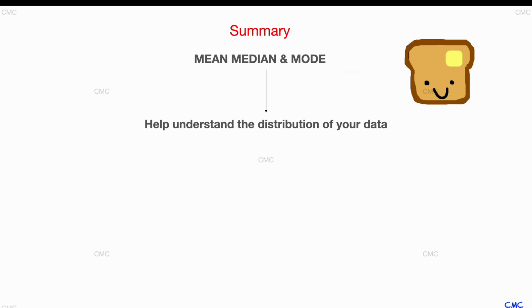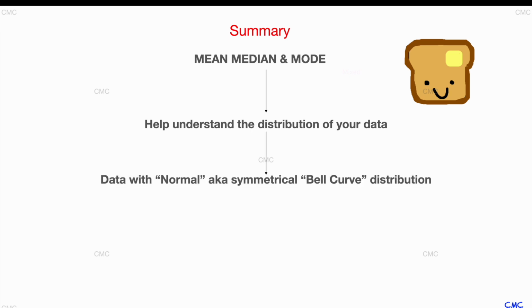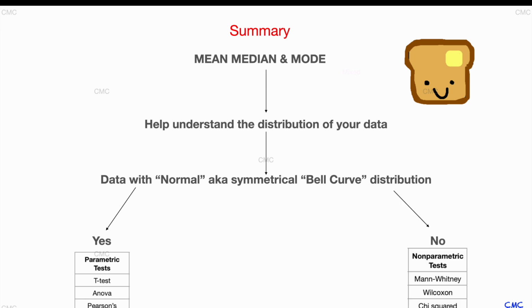If your mean, median, and mode are the same or about the same, that means your dataset is normally distributed. And if you were to plot it on a graph, it would have a symmetrical bell-shaped appearance, in which case you could use parametric tests to analyze your data. If not, in other words, if your data isn't normally distributed, you would need to consider non-parametric tests for your analysis to be able to obtain reliable statistical deductions.